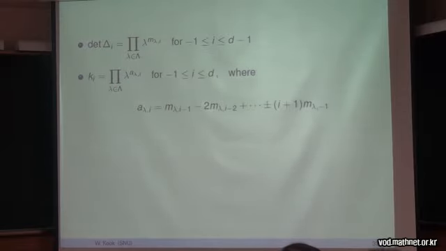The determinant of delta I for the matroid complex will be lambda to its multiplicity, where capital lambda is the collection of eigenvalues of a matroid complex. Obviously a determinant has to be the product of lambda to its multiplicity. In light of the theorem that we just looked at, we can expect the tree numbers to be expressed in terms of the same set of eigenvalues but with a different multiplicity.